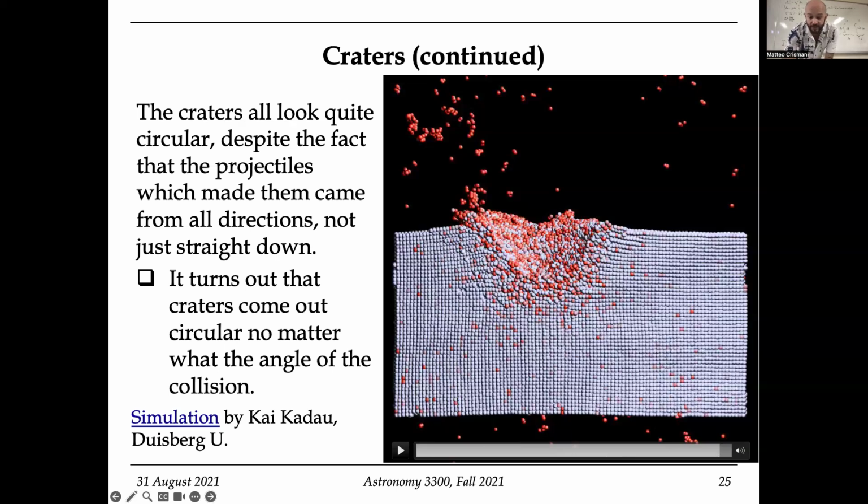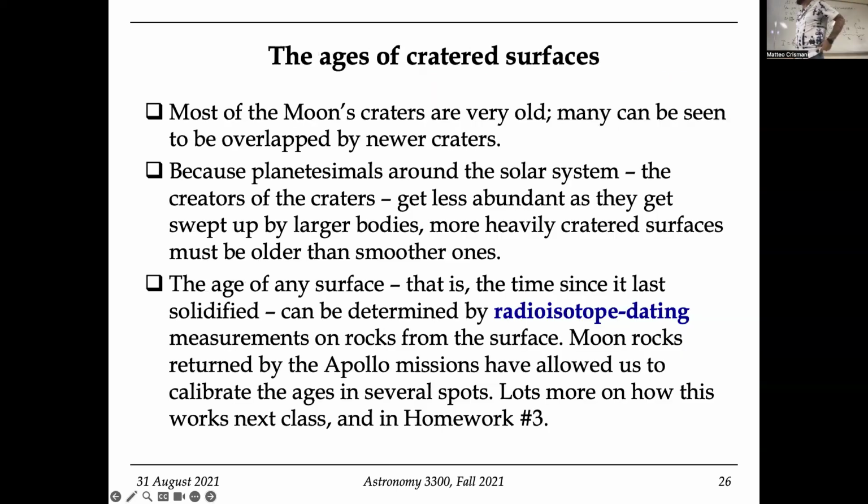Okay, and let's talk really quickly about ages here. Most of the moon's craters are very old. They can be seen to be overlapping with newer craters, right? The moon is basically our best clock for the uninterrupted 4.3 billion years since it's been around. So planetesimals around the solar system get less abundant as they get swept up. So what that means is you aren't having small planetesimals be replenished by any source unless you break up some big object.